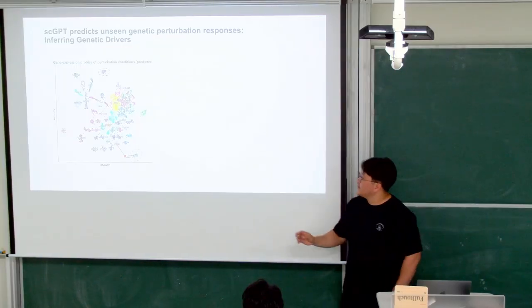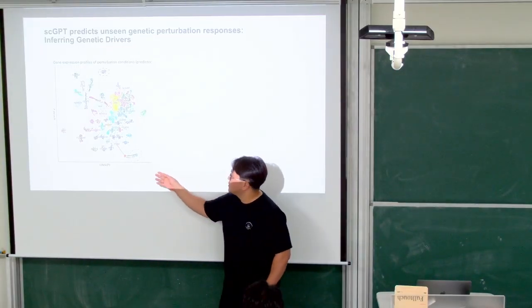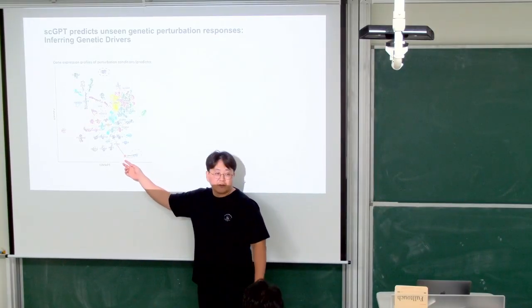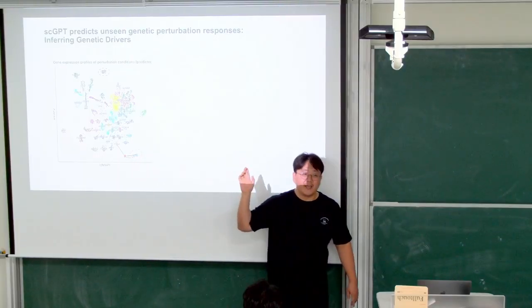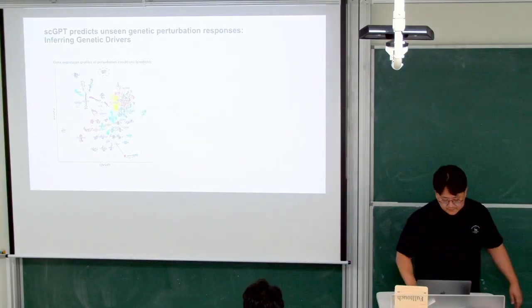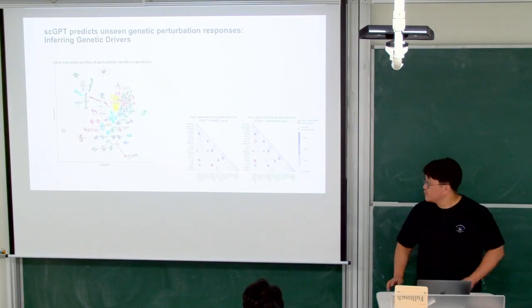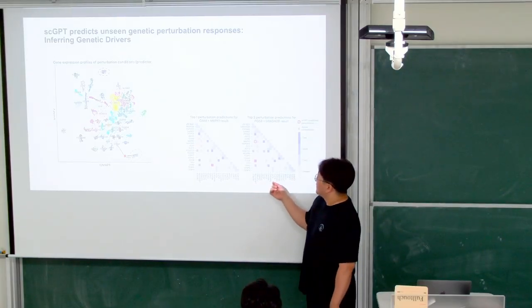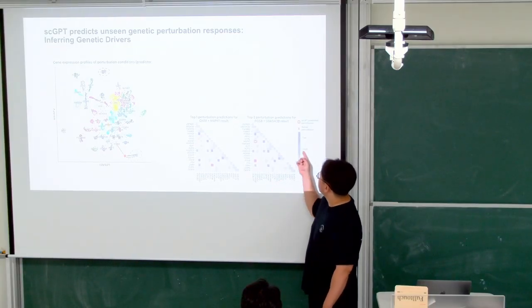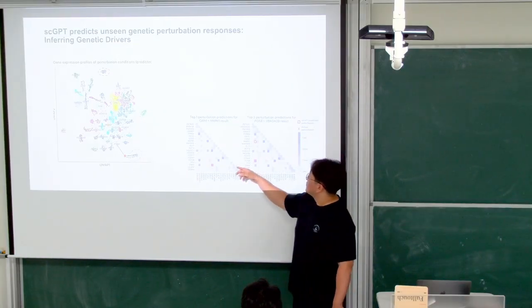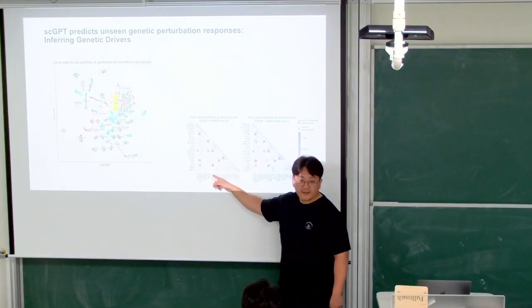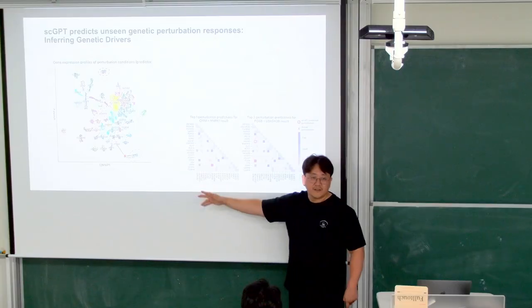That means if we put in the gene expression of the cell, then we can infer the perturbed gene name, right? So using this strategy, they inferred the perturbed gene name, and they found that their model actually found the true perturbed gene.